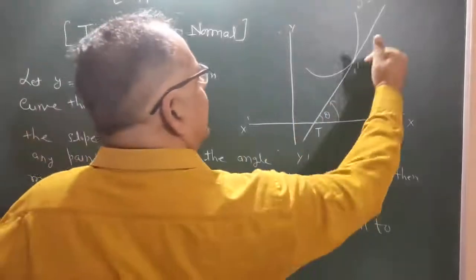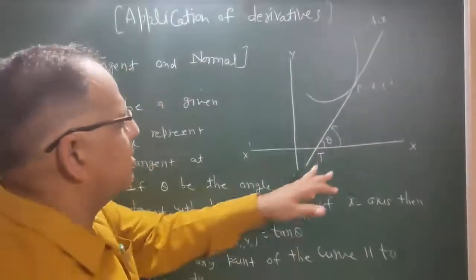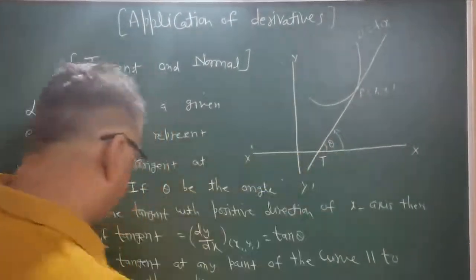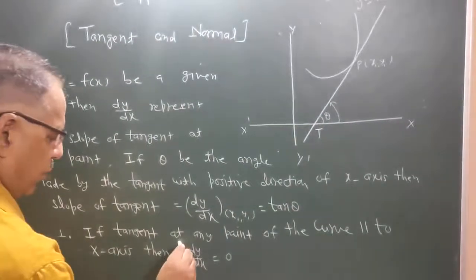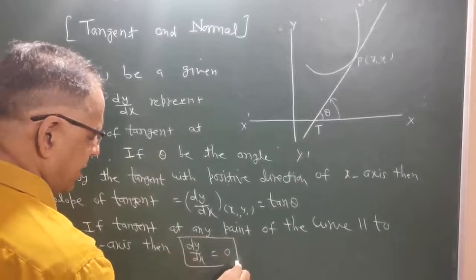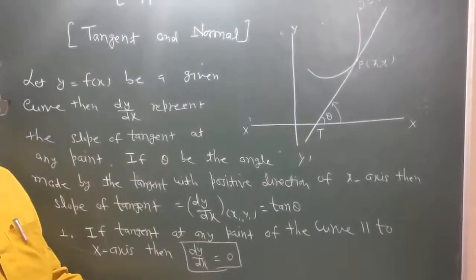Because if the tangent is parallel to x-axis, in this case theta becomes 0 or pi, and therefore the value of tan 0 and tan pi is 0. So dy over dx equals 0. So when the tangent of the curve is parallel to x-axis, dy over dx becomes 0.